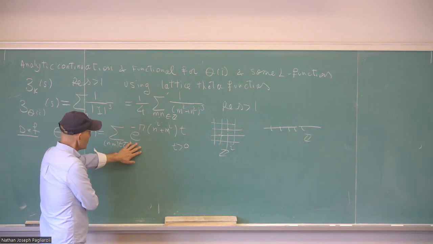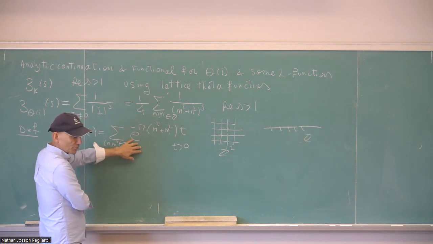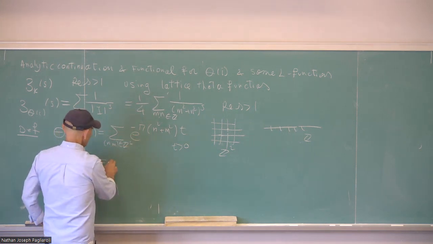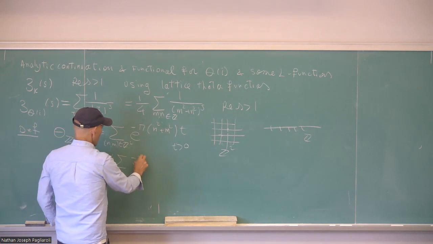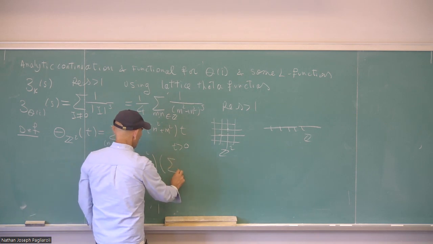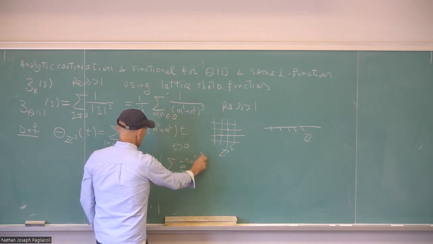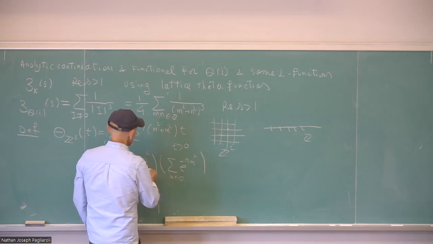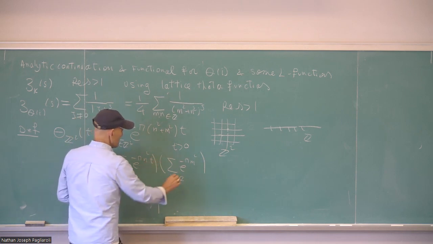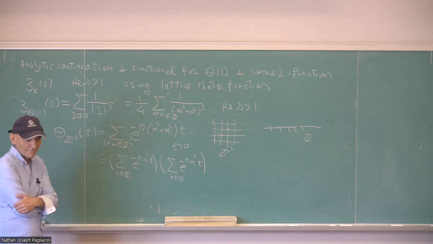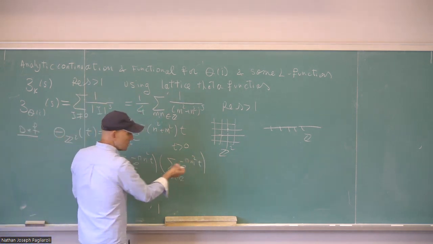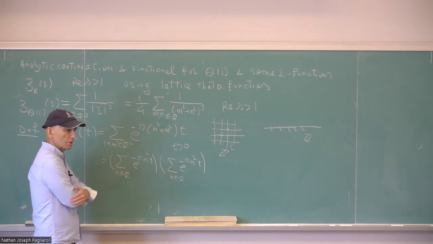Now, this is a very simple theta function, because we can write it in terms of the old theta function. What is that? That's equal to the sum of e to the minus pi n squared t, n in Z, times the sum of e to the minus pi m squared t, m in Z. That's clear, we just multiply like that.